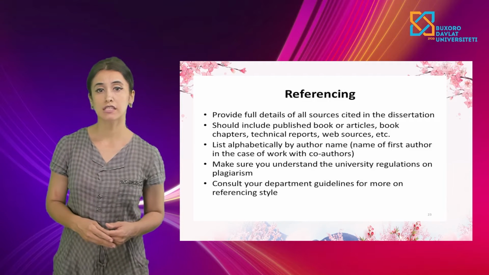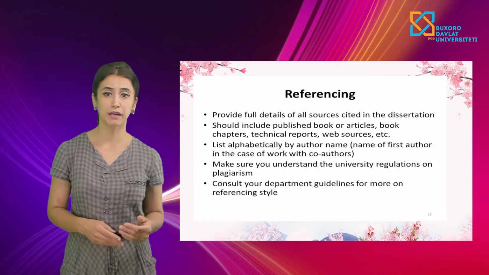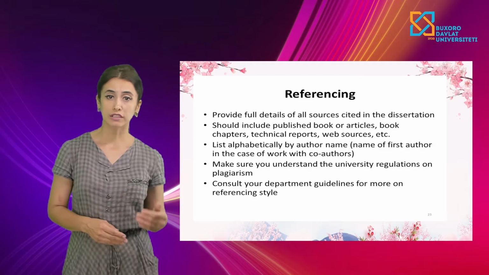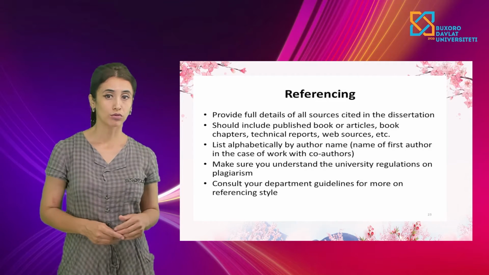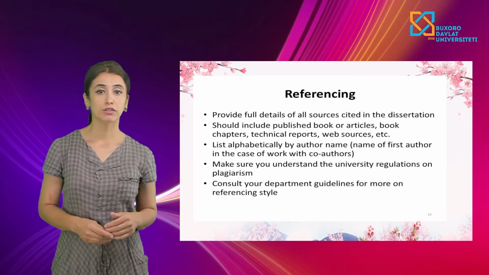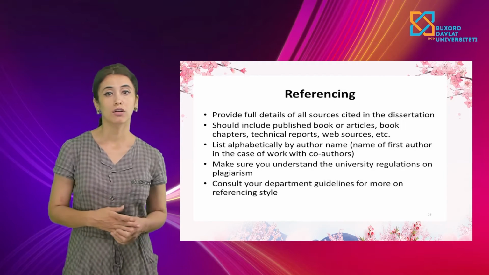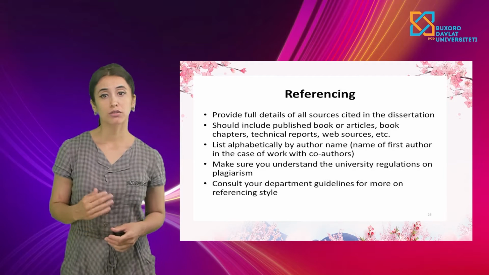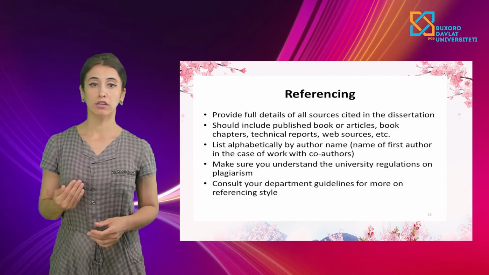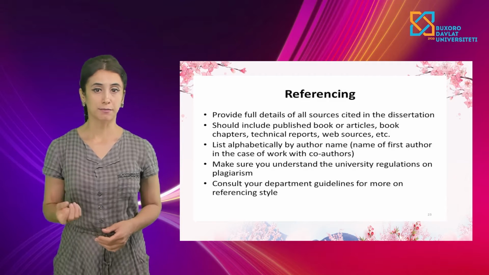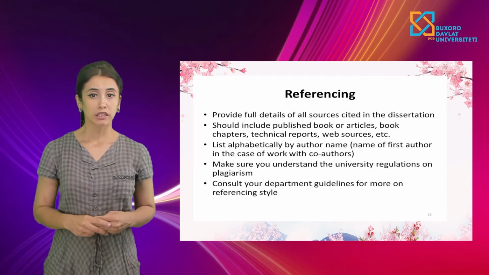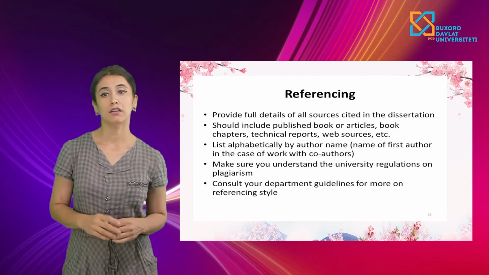And referencing should be listed alphabetically by author name, the name of the first author, in the case of work with co-authors, if there are more than two authors. Make sure you understand the university regulations on plagiarism, because plagiarizing ideas is strictly banned.